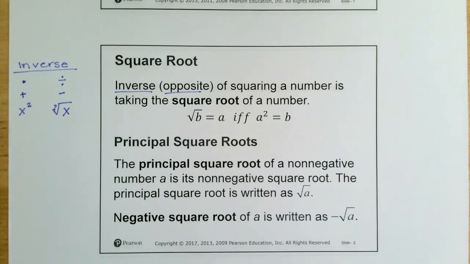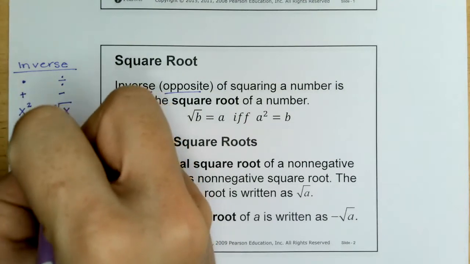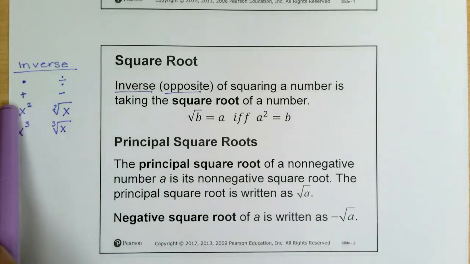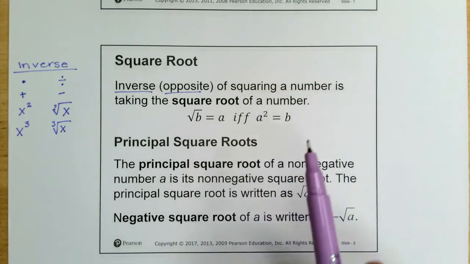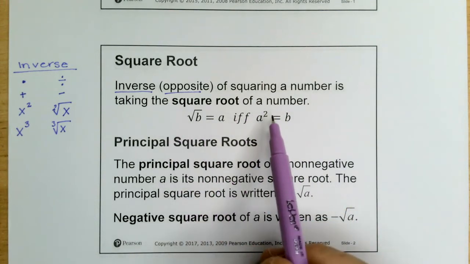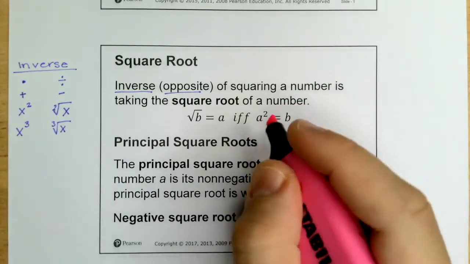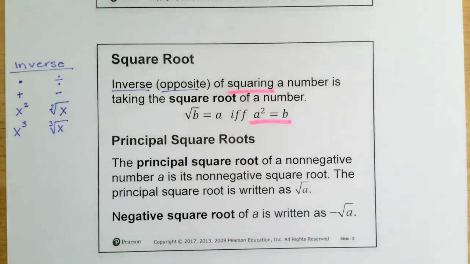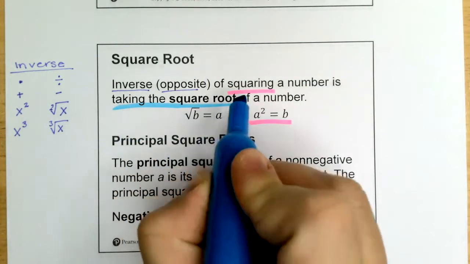Okay, so a cube and a cube root undo each other, a square and a square root undo each other. So the inverse or opposite of squaring a number is taking the square root of a number. Just so we're clear, this one's squaring, and this is taking the square root.